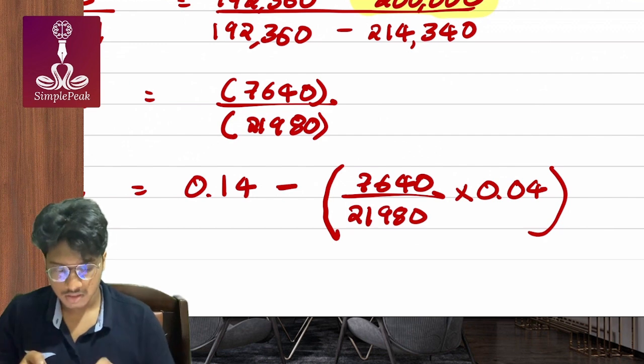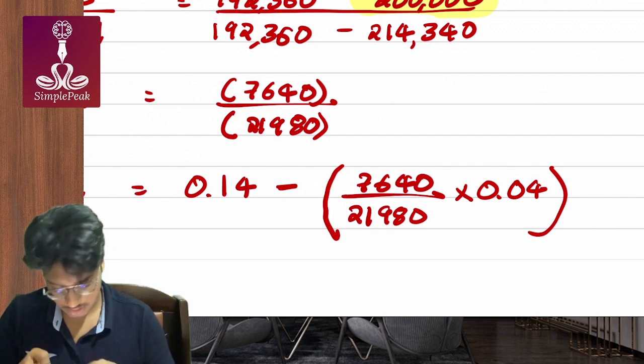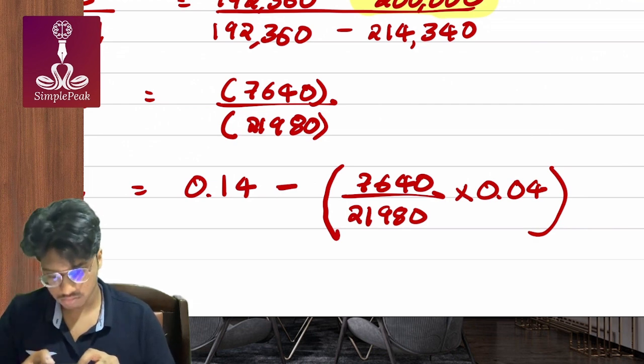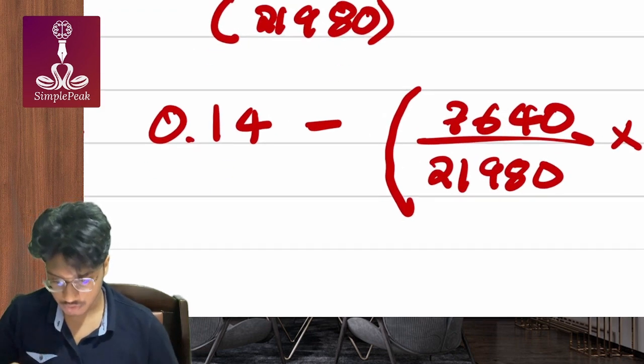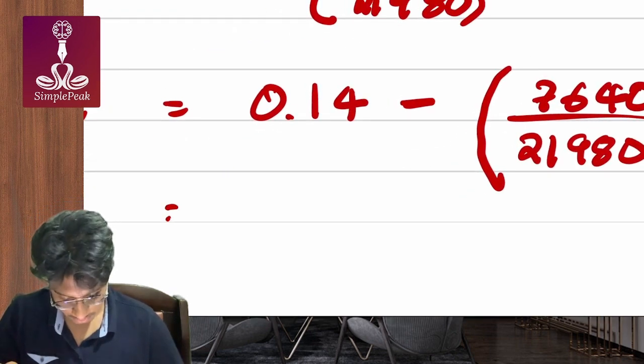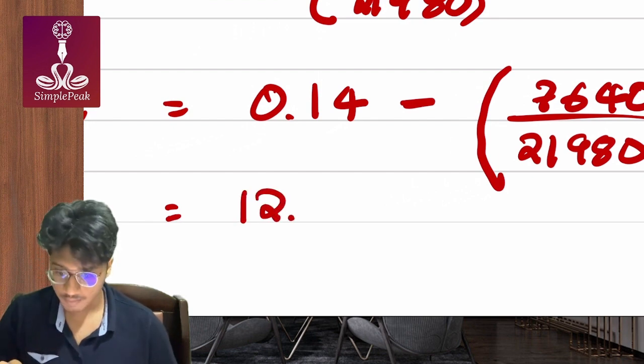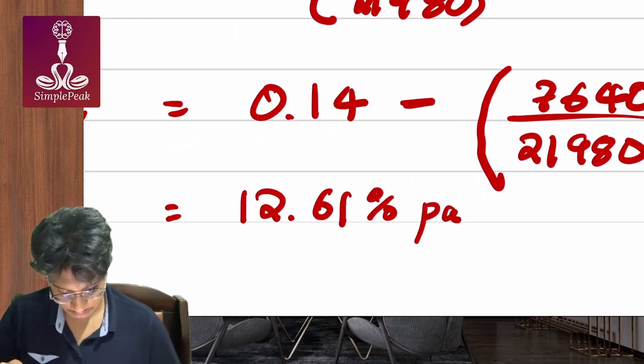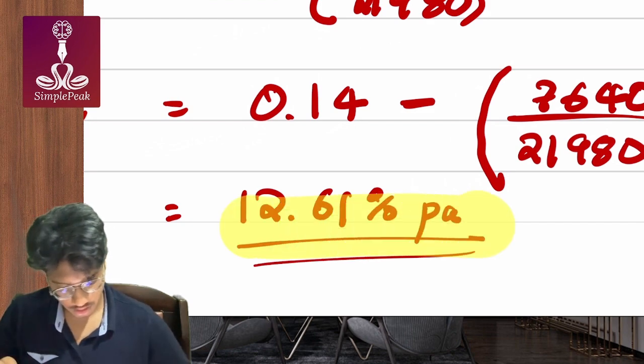Okay, so 7,640 divided by 21,980 into 0.04, that comes to 12.61%. This is your implicit rate. That's it. I hope you get a clarity.